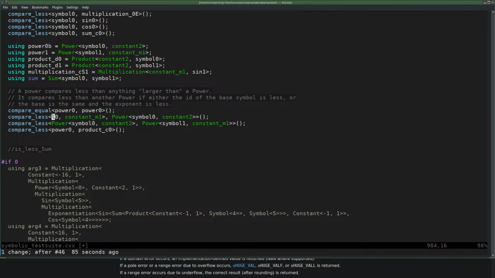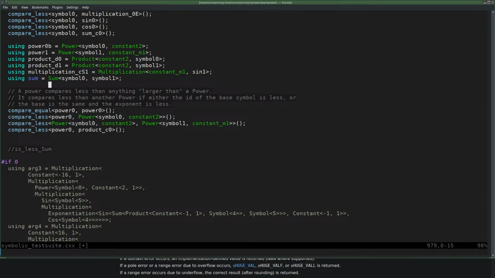This is just power 0. So let's make a power 1. Let's make this power 1. Symbol 0, constant 2. Oh, it's 0, 2. Yeah, makes more sense. At least we have 0, 2 now.